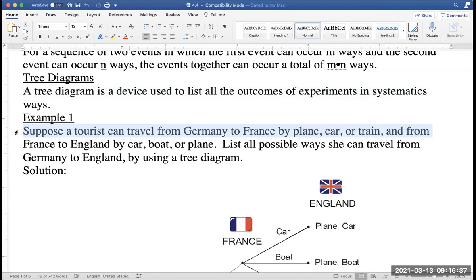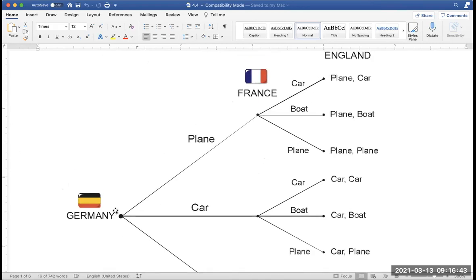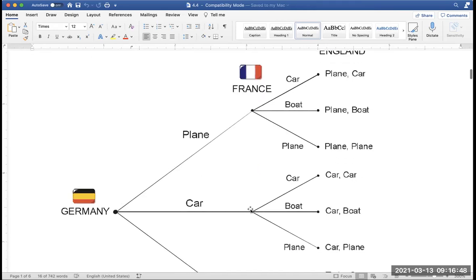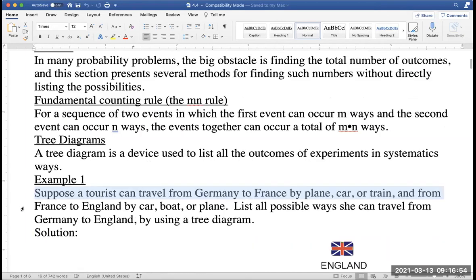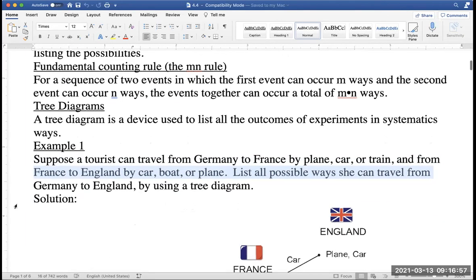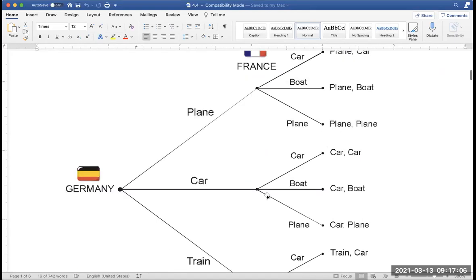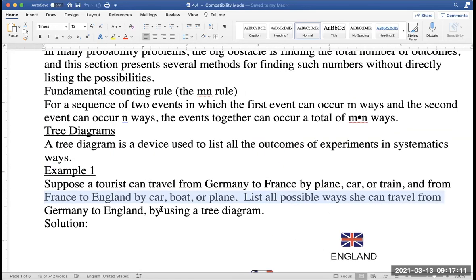Suppose a tourist can travel from Germany to France by car, by plane, or by train, and can travel from France to England by car, by boat, or by plane. List all possible ways she can travel from Germany to England using this tree diagram.